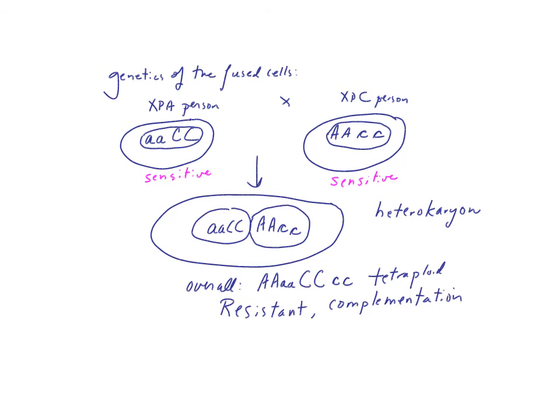So we have to write in those normal alleles when we're considering both of them together in this sort of cross. So you put them together in the same cell, and you end up with a tetraploid, clearly. Two little a's, two big C's, two big A's, and two little c's. So overall, you're big A, little a, big C, little c, little c. So even though it's weird that it's a tetraploid, you do have wild-type alleles of both genes present, and therefore complementation occurs, right? And the cells are normal. They're resistant because they have wild-type alleles of all of the genes that are involved.